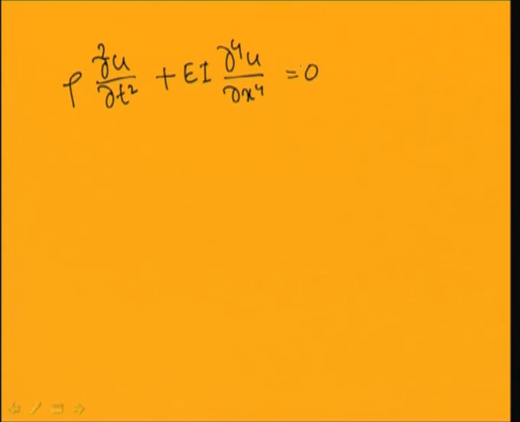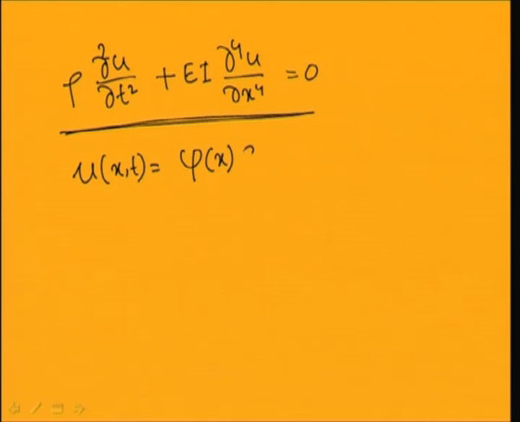We have found the solution for this equation, and we have written that u, which is a function of x and t, can be written as psi x into q t.